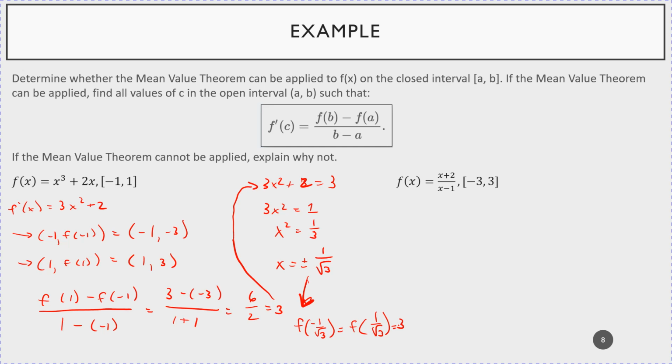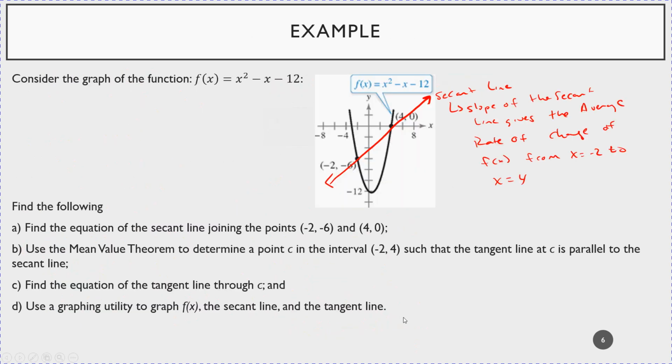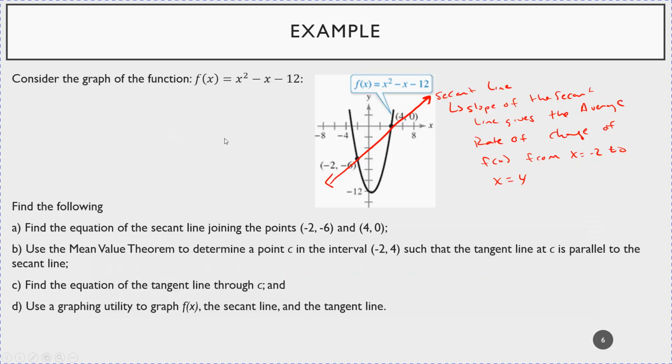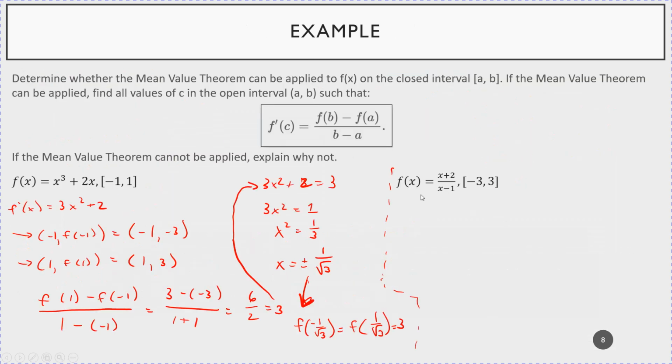All right, and then finally, just this next one. Can we apply the mean value theorem here? Let's look back. What does it say? F is continuous on this closed interval. So if I look at this function here, is f continuous on this closed interval from -3 to 3? No, it's not.